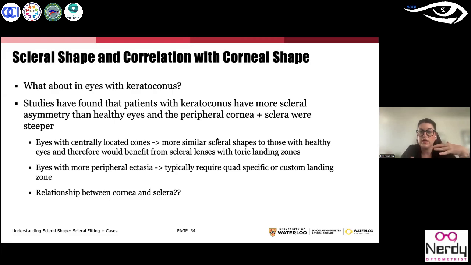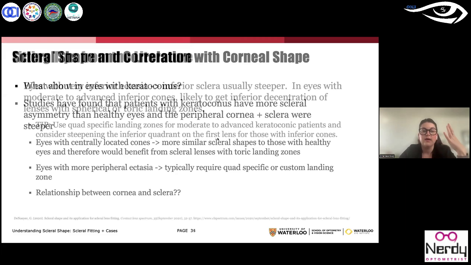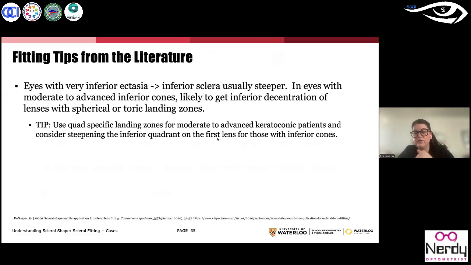With very inferior ectasias, the inferior sclera is typically steeper. So, tip: in eyes with moderate to advanced cones, you're likely going to need a quad-specific landing zone. And in these moderate to advanced keratoconic patients, consider steepening the inferior quadrant on that first lens right off the bat to help with centration.